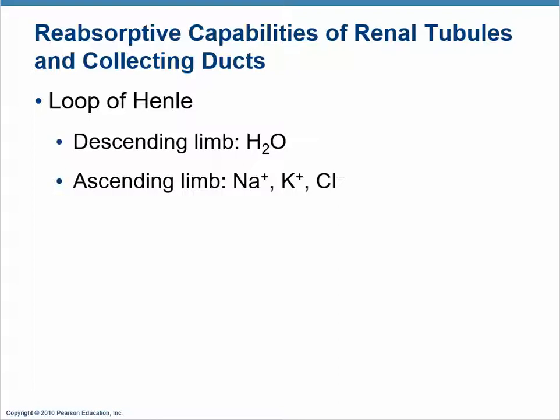So in the descending limb, aquaporins, water. In the ascending limb, no aquaporins, no water, but sodium-potassium pumps that move primarily sodium and potassium, but then the anion chlorine moves because it chases the sodium.